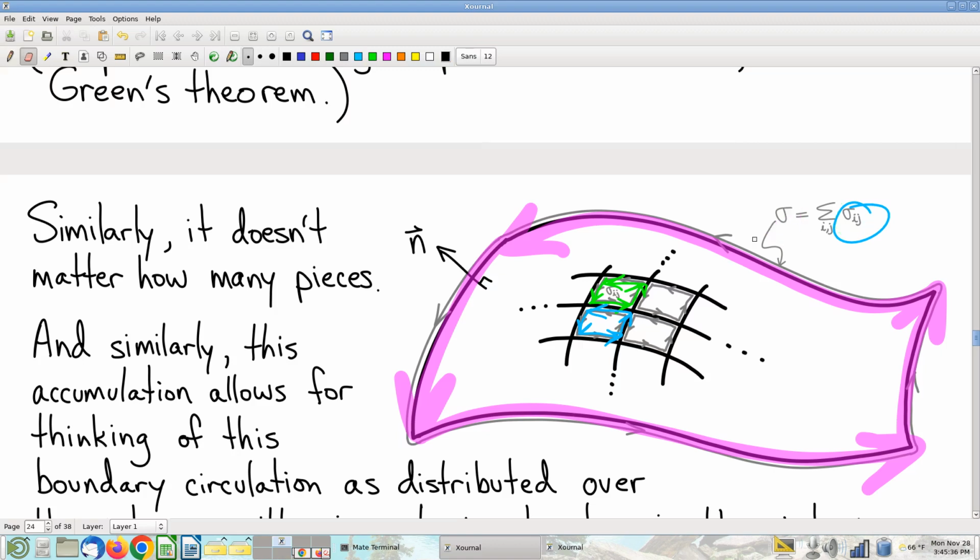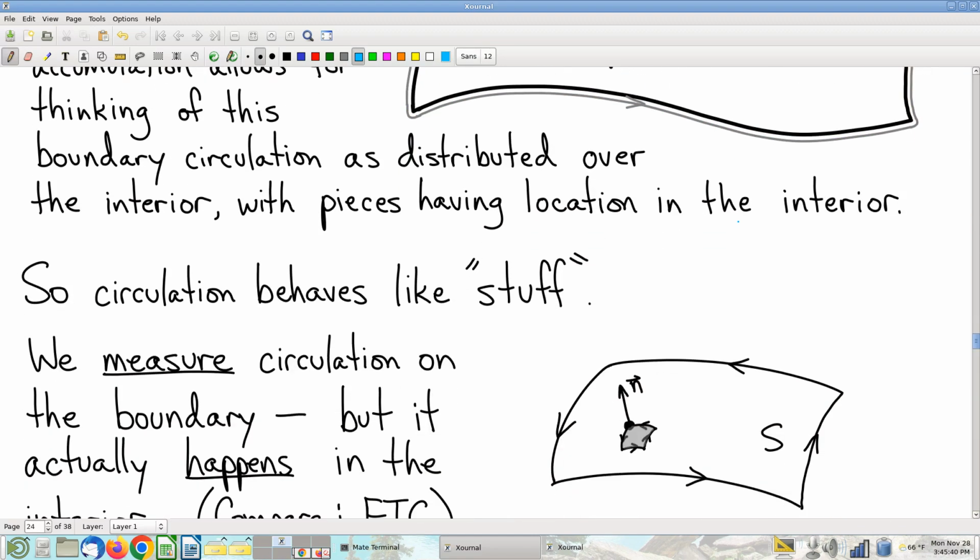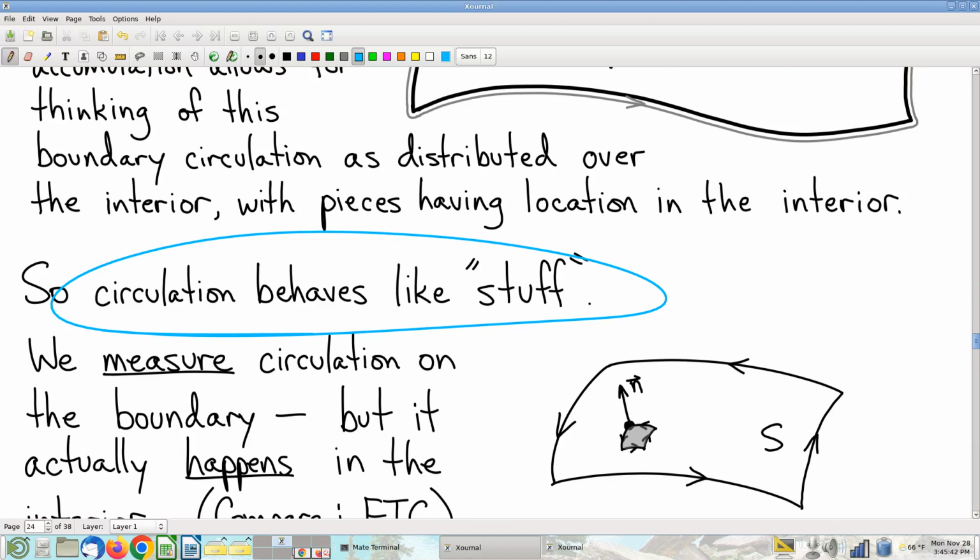Okay. All right. So, again, just like with Green's theorem, our accumulating quantity behaves like stuff. Right? I mean, this is how mass works. Just a reminder, I know I've said this before, but if you have a mass, and you ask, what's the mass of this lump? Well, if you cut it in half, there's a mass at the left side, and there's the mass of the right side, and they add up to the mass of the whole.